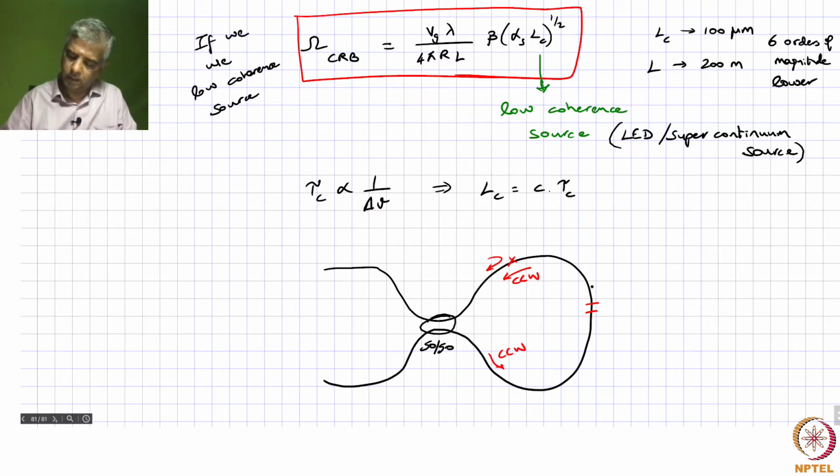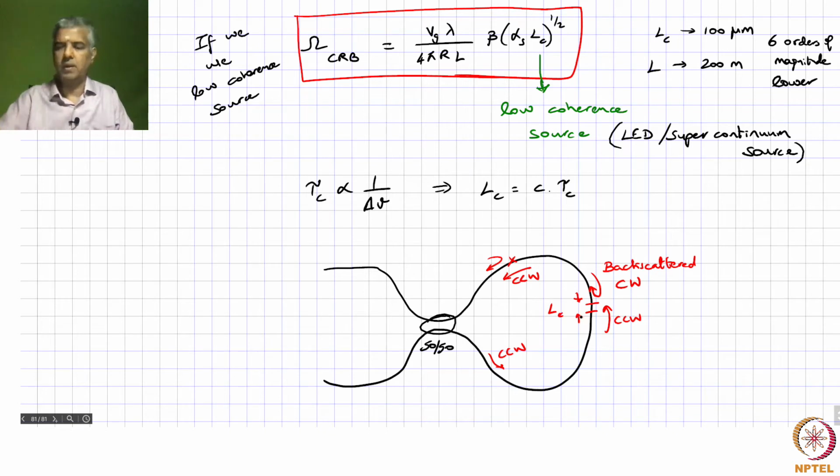So the only point where backscattering becomes an issue is somewhere in the middle, where both round trips meet, and this backscattered CW can get confused with the CCW propagated wave, and like what we talked about, this can be limited to this L_C.